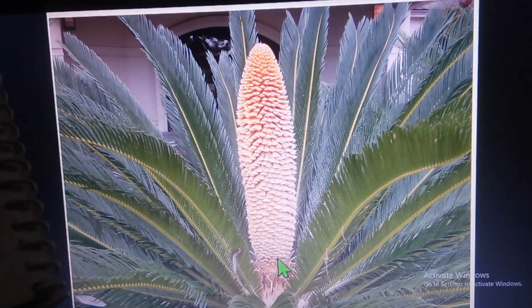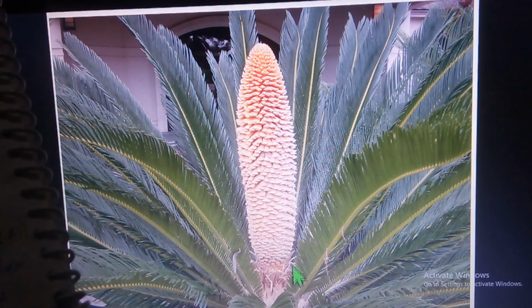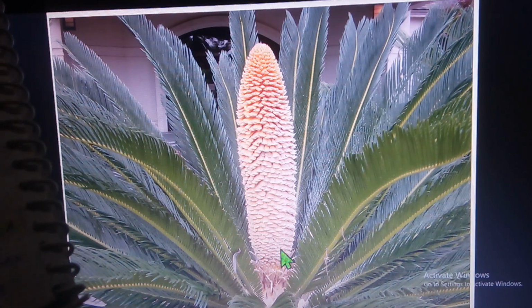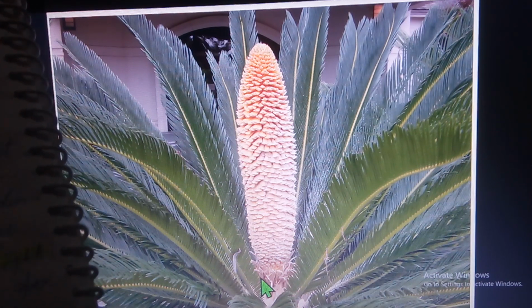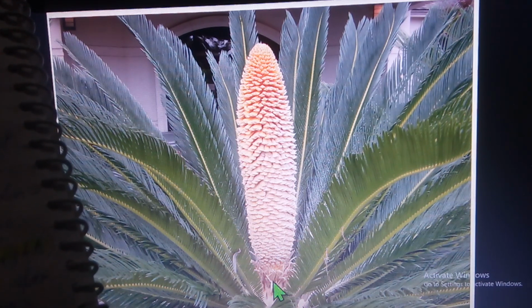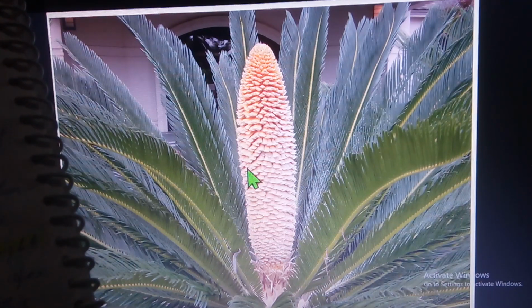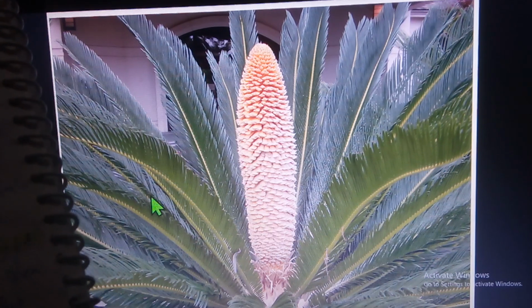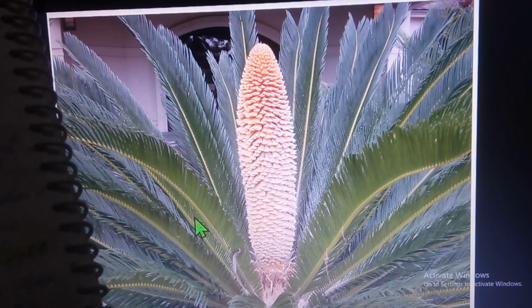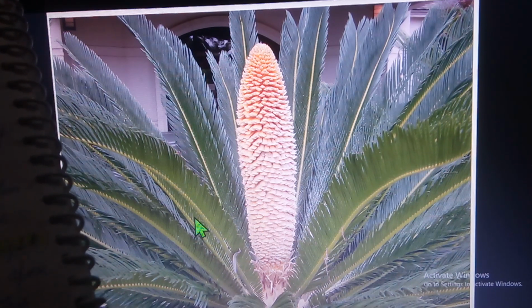Later on, a new lateral bud will develop at the base of the peduncle. This lateral bud will start to grow straight upward, and it will push the male cone to one side.